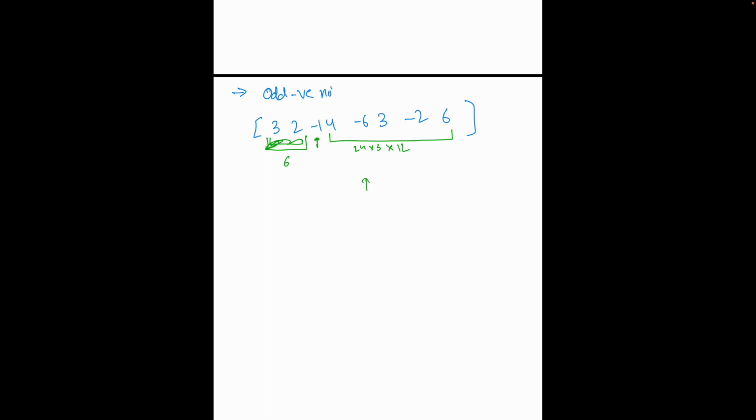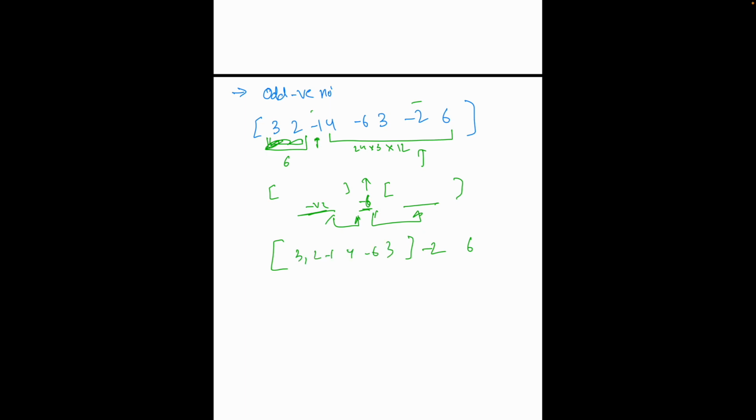Then if we come at -6, both the sides have a negative value. One negative here, one negative here. So in this case, we will include -6 also and say, okay, both are negative, -6 will make them positive, and see what the answer is going to look like. And the third case is -2, where the right one is 6 and the left one is 3, 2, -1, 4, -6, 3.